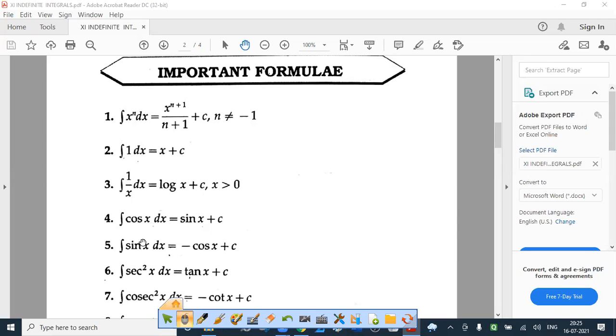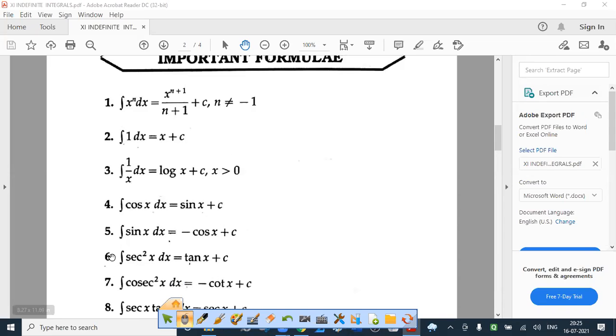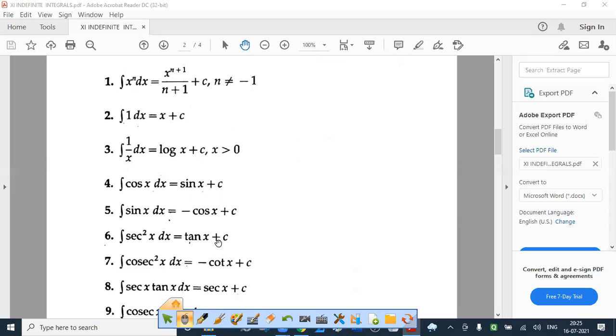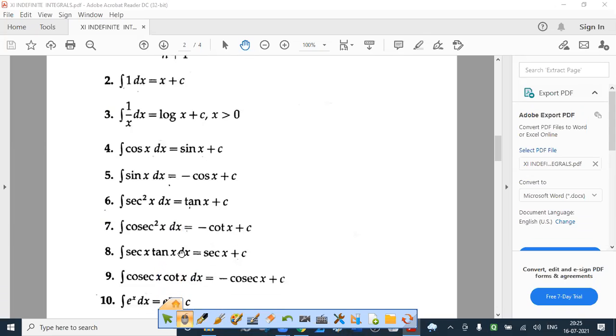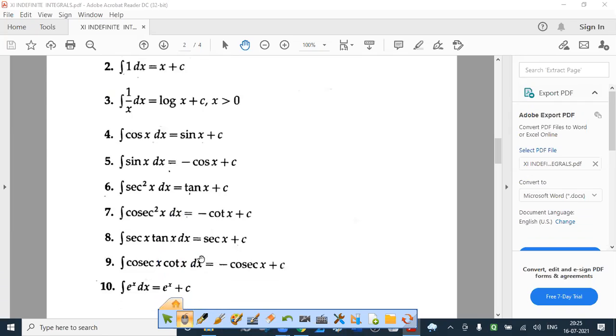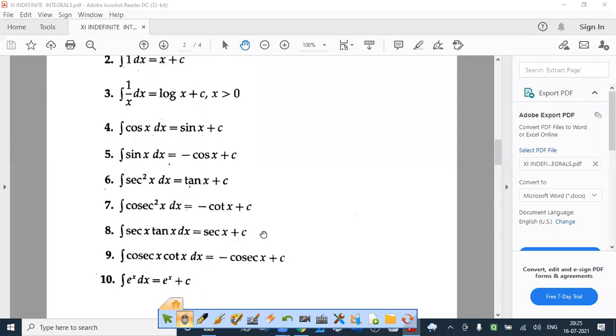Sin x. What is the integral of sin x? Minus cos x. What is the integral of sec square x? Tan x. What is the integral of cosec square x? Minus cot x. What is the integral of sec x tan x? Sec x. What is the integral of cosec x cot x? It is nothing but minus cosec x.